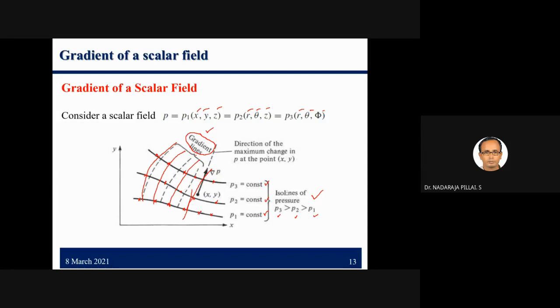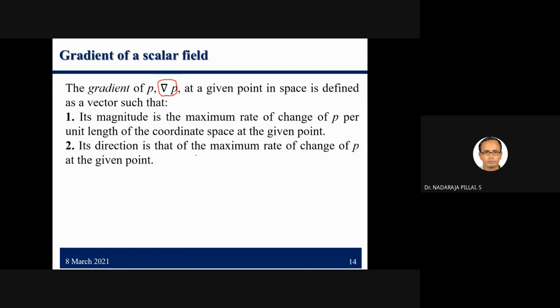So we can say that the gradient of P, that is del P, at a given point in space can be defined as a vector such that its magnitude is the maximum rate of change of pressure per unit length of the coordinate space at the given point, and its direction is that of the maximum rate of change of P at the given point. So this is the gradient of P.